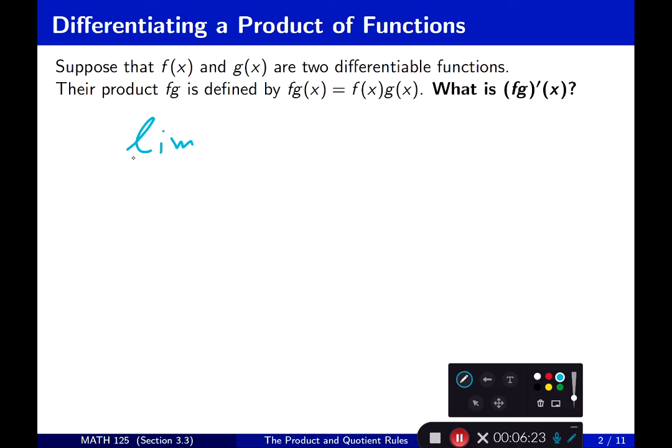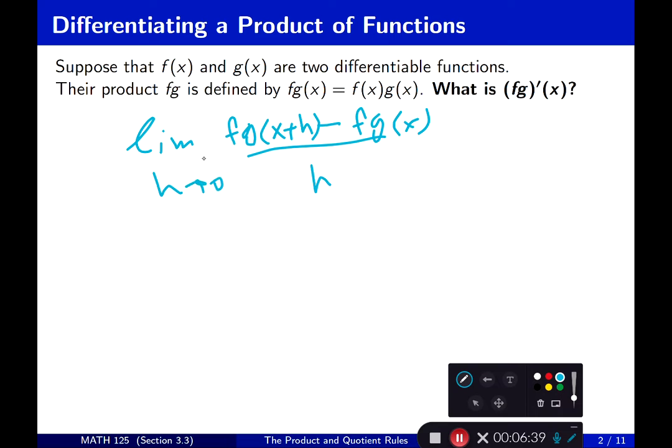I know the limit of fg of x plus h minus fg of x over h as h approaches 0 will give me the derivative, fg prime. Now, what is fg of x plus h?